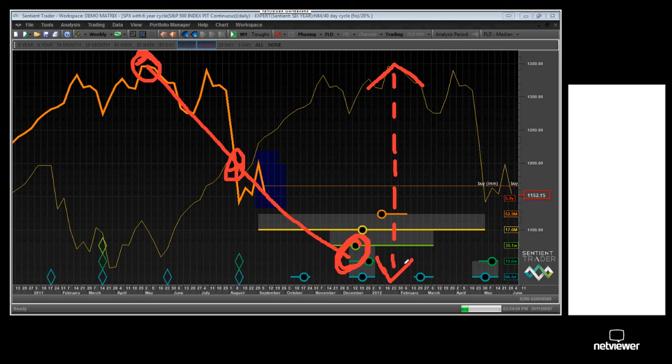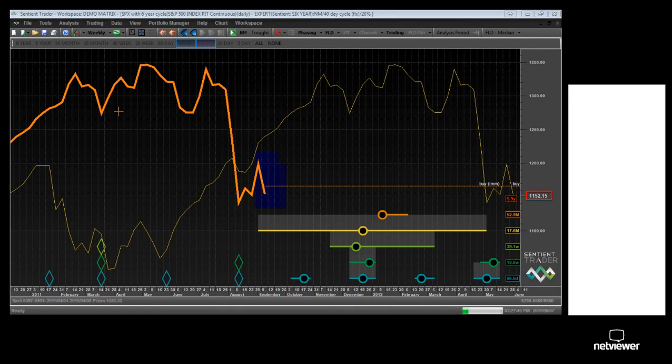So those pieces of information, if we were using FLD analysis only, tell us that we expect price to fall down to this level over here, which is roundabout the 1050 level. And we are expecting that trough to occur roundabout the middle of January next year. So that's really interesting information that we have gleaned from our FLD.